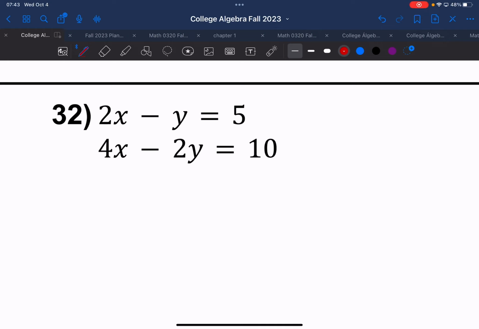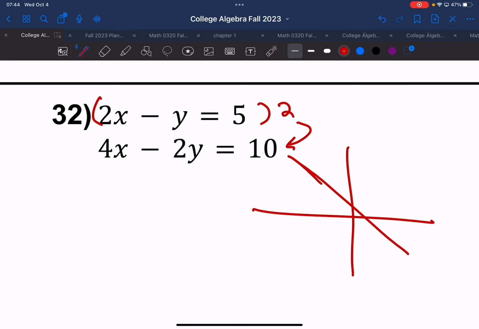Infinitely many solutions. Notice how these equations are similar because they are just a scalar multiple of each other. The first equation, if you multiply by 2, gives you the second equation. That's another hint that it's going to be infinitely many solutions, because we're going to have a graph with lines on top of each other.